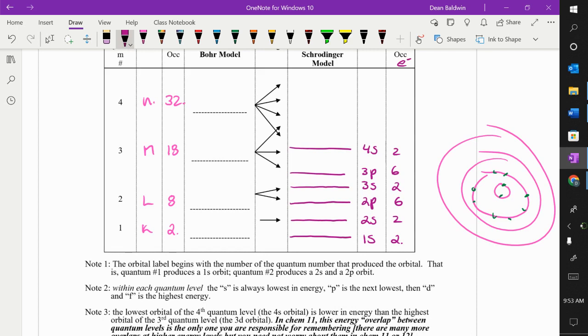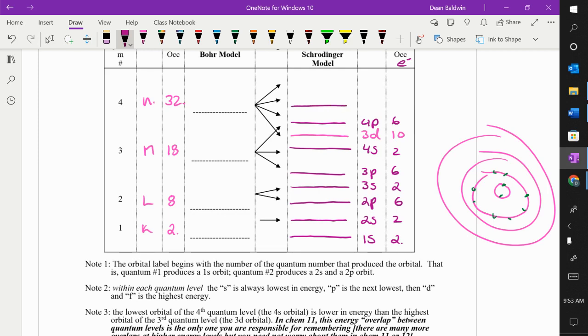I'll do that in a different color, in pink. So you get a 3d orbital sitting in there, and the d orbital holds 10 electrons. Then the 4p comes, which can hold 6. This will make sense when you look at the periodic table.